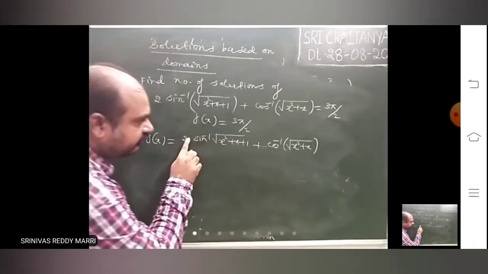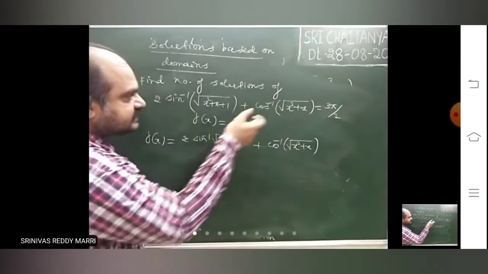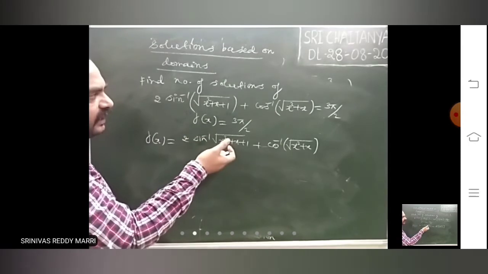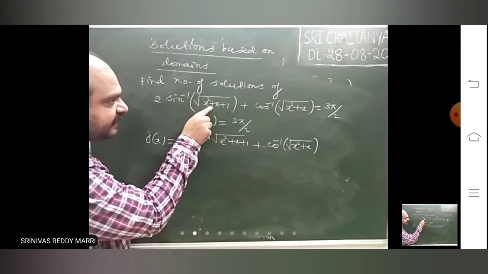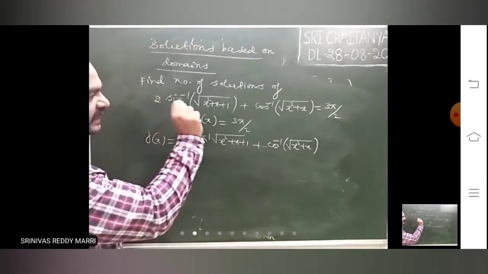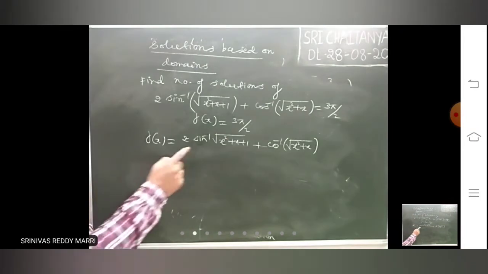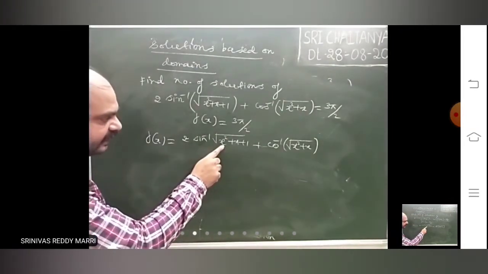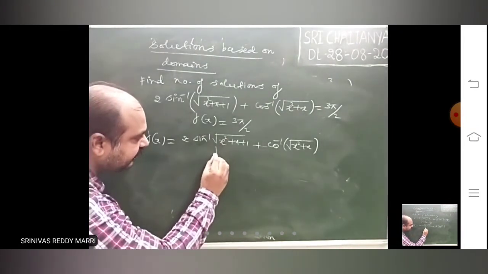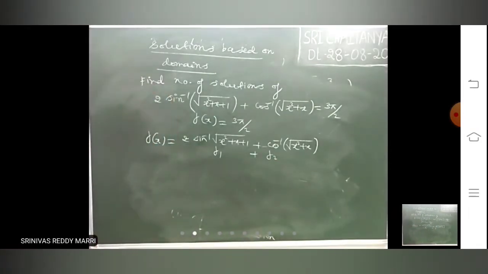Now look, we will find the domain of this function. Solution means it will be in the domain only, because if we substitute an x, it must be defined. In that domain, x values only solution will be there. So try to calculate the domain of this function. Let us say this is f1 and this is f2. Two functions are there.